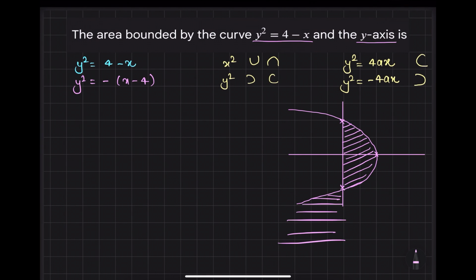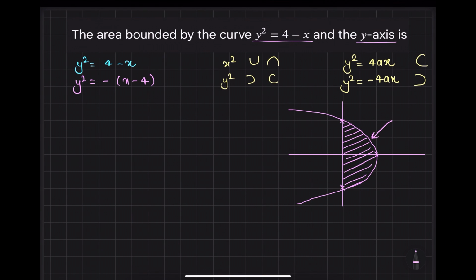But if you focus on this area, it will become infinite. So this is not the bounded part. Bounded means it should be restricted between something and something. If you observe here, it is open, and we have the same problem over there as well. So we have to calculate this area.